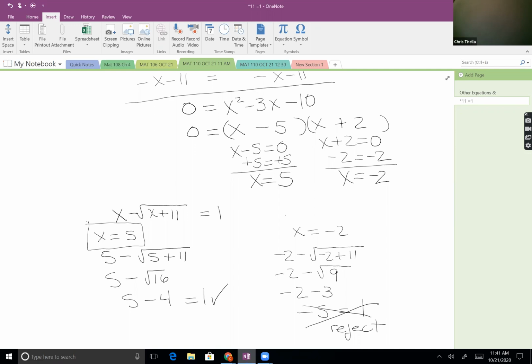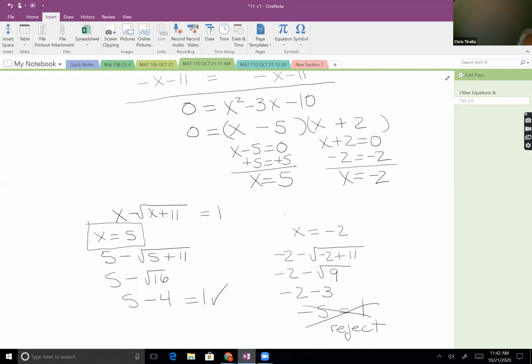And so you'll have a couple like this in the homework. And I think the next example that we're going to do, there's only one of them, I believe, in the homework, if I remember correctly. But I want to tell you that this next problem is going to be a little bit more involved than you expect.